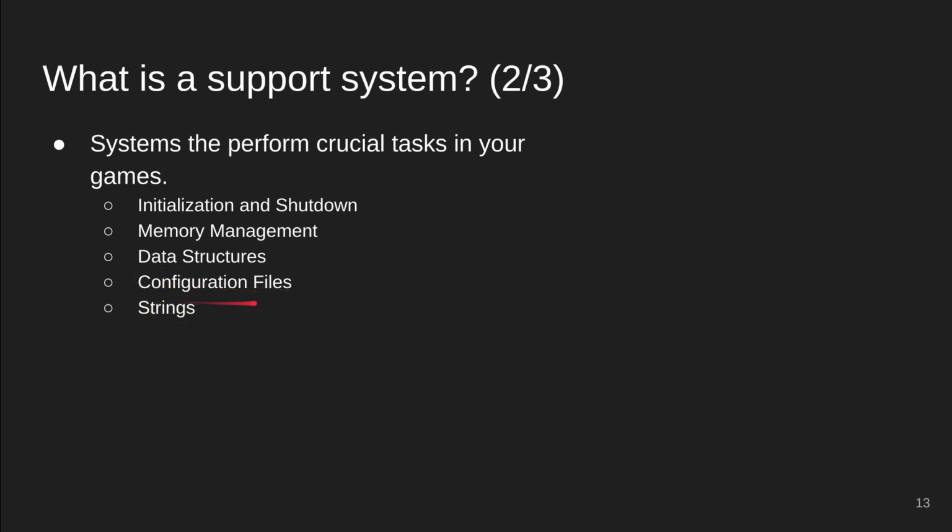And you get the idea here. The different configuration files that are loaded, string data. Actually, a really interesting topic because different languages might have different bytes per character that you have to support. So we want to have some good support systems to build an engine that we can develop games on for a wide audience.